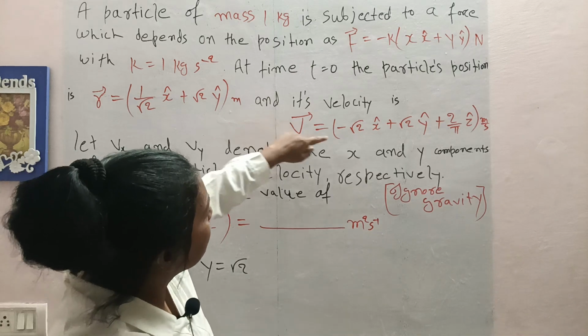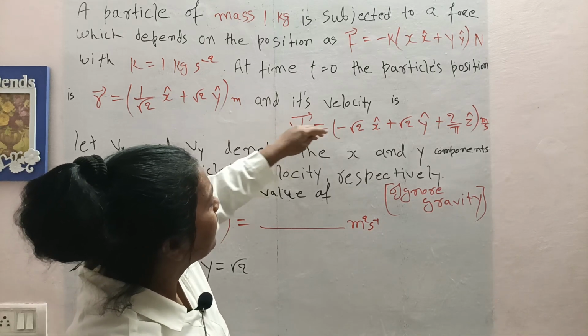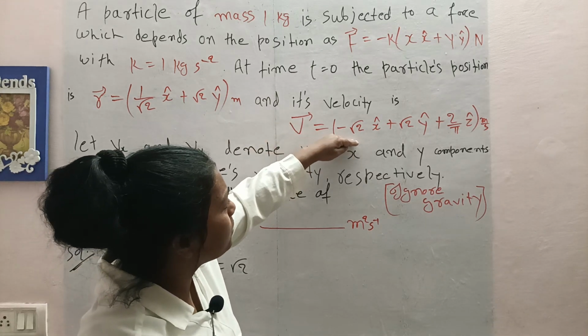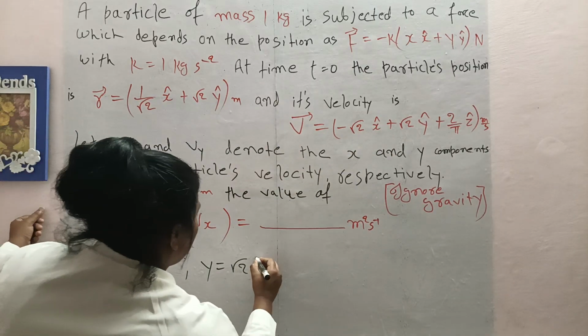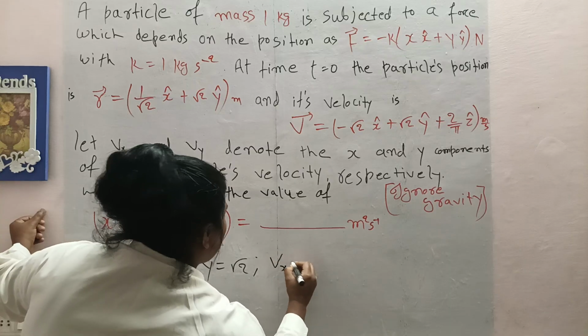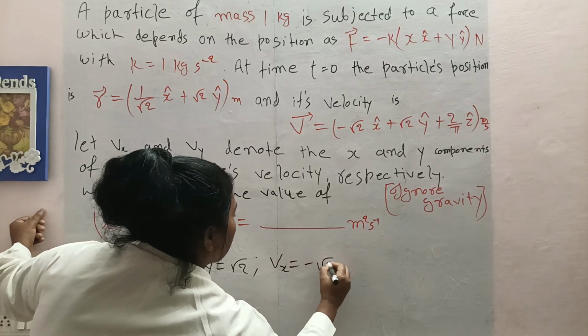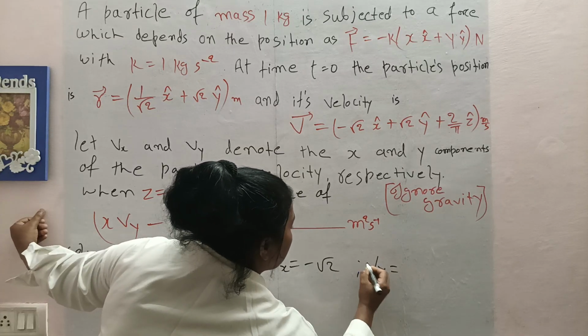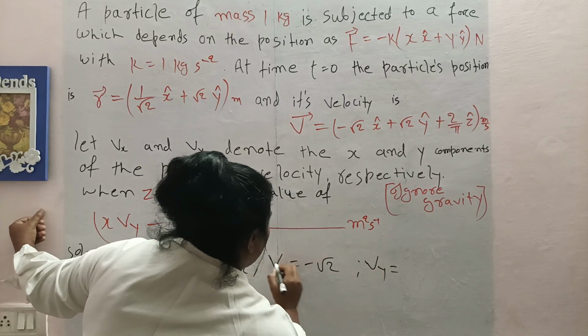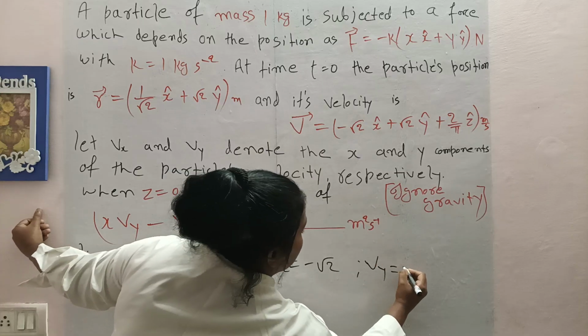Look at the velocity equation here. Its velocity is minus root 2 in x hat plus root 2 in y hat. Write it down: Vx equals minus root 2 and Vy equals plus root 2.